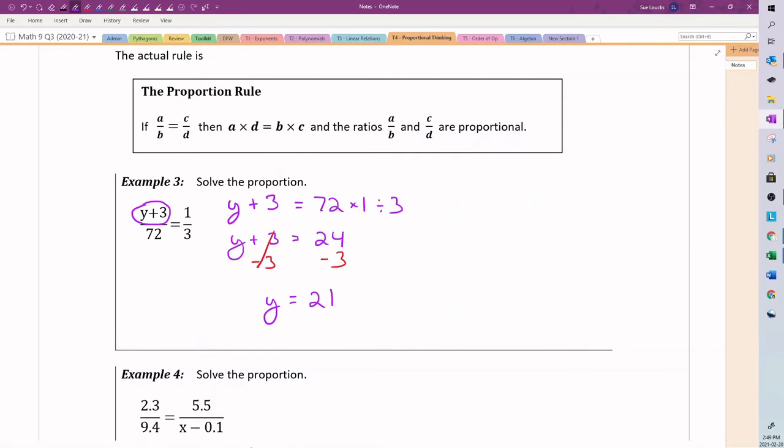All right. Now, we haven't talked about how to check proportions at this point, but think about this as a fraction and this is a fraction, they have to be equal.